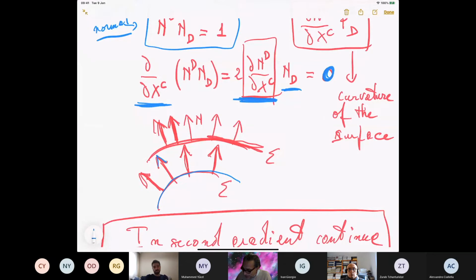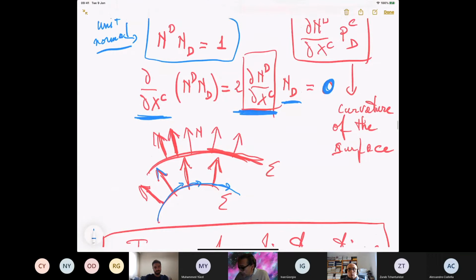The gradient of the normal is tangent to the surface. Okay? And of course, this concept has been introduced by Gauss. This is the curvature of the face, which is part of your contact surface.